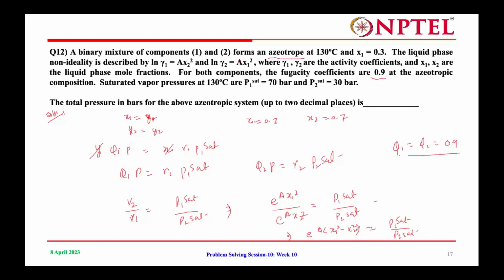We know x1 and x2, p1 and p2, so we get a constant value for a, equal to minus 2.11.